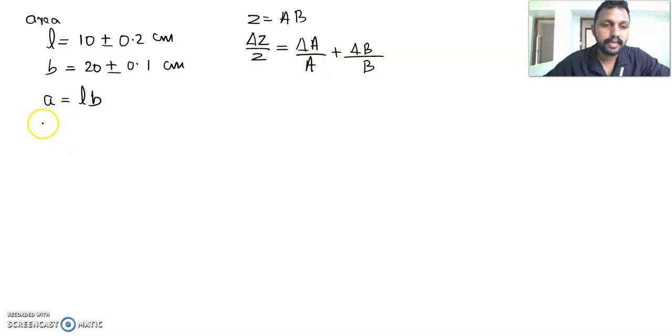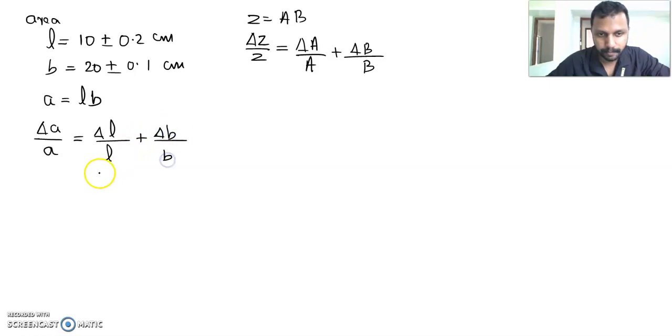Then we could say delta A divided by A is equal to delta L divided by L plus delta B divided by B. Can I? Yes. Then what is delta L? In this equation, it is clear that delta L is 0.2 and L is 10.